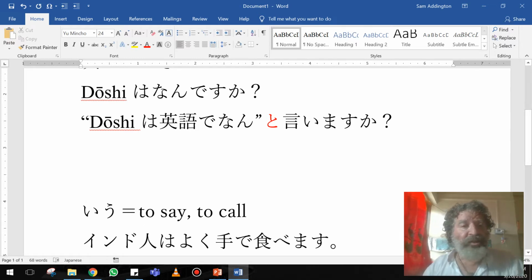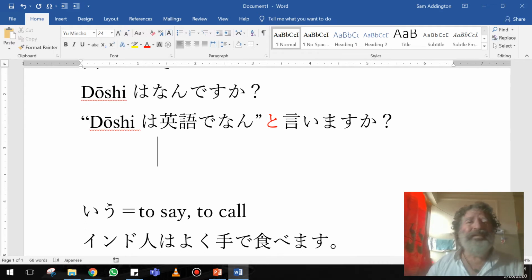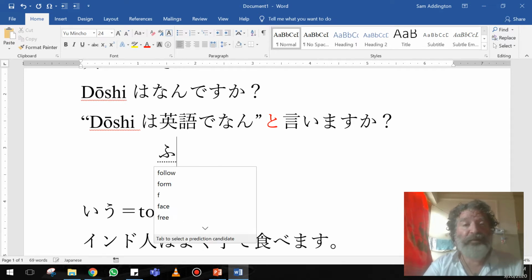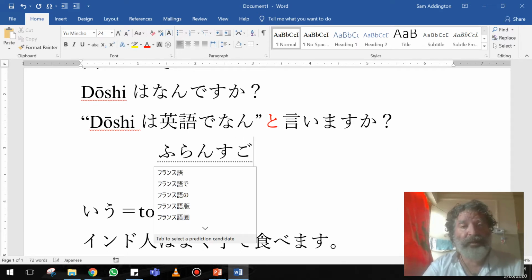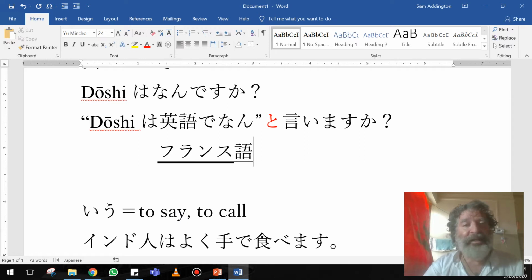So when you're listening to people talk, you need to listen to the context very carefully. And if you get part of the context, then you can kind of interpret what they're saying, even if you don't understand. So, Indo-jin wa eigo de nanto imasu ka? Furansu-go de nanto imasu ka?